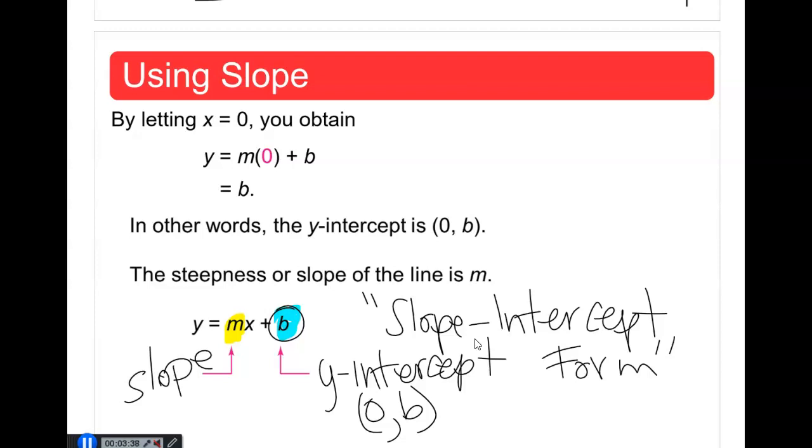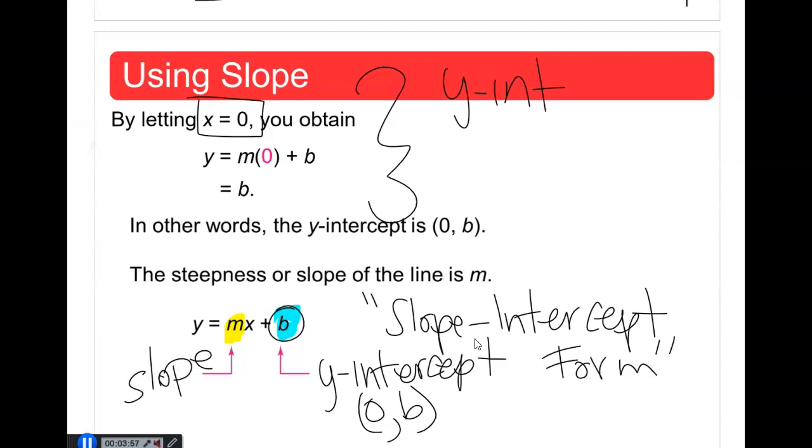So that would be the first one. And this is how you will find a y-intercept. You already know that the first step is to let the other letter, which is x, equal to 0.